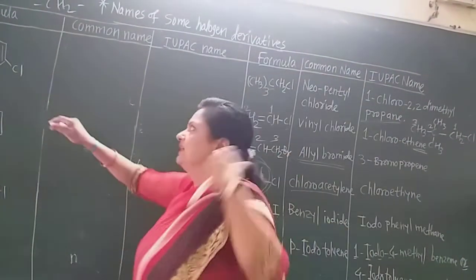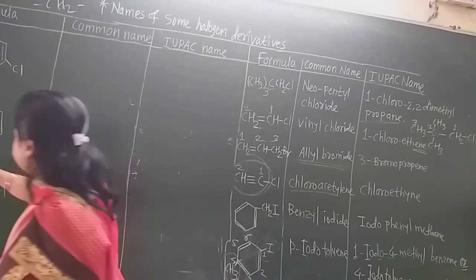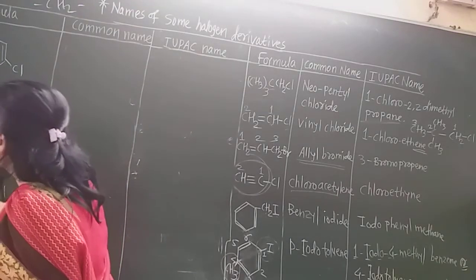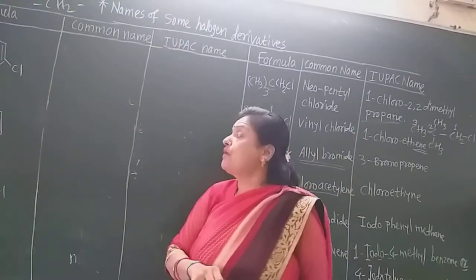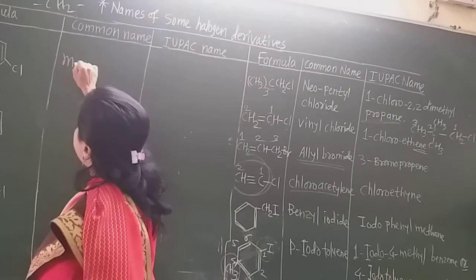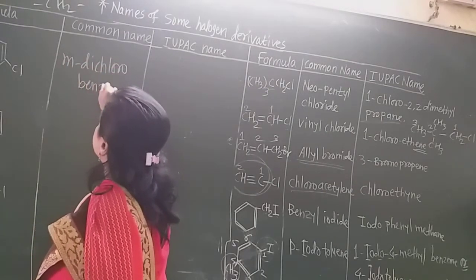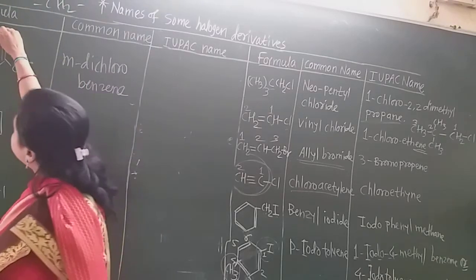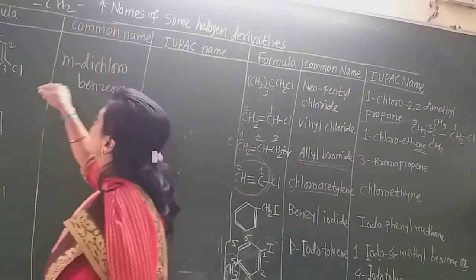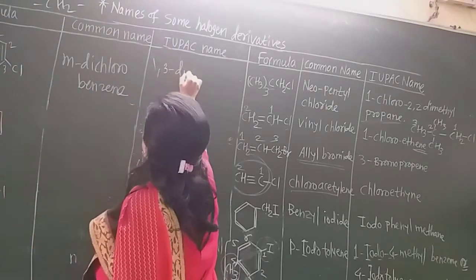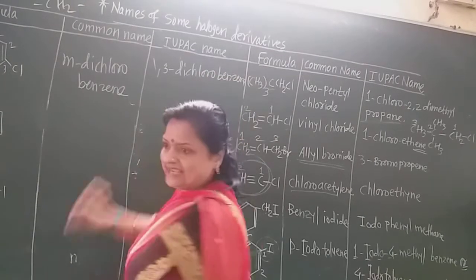Now see this. This is the meta position to each other. This is the para position. And this is the ortho position. So the common name of this compound is meta dichlorobenzene. But by giving the numbering in this way, 1, 2, 3, 4, 5, 6, it is 1,3-dichlorobenzene. Okay. Now see here.